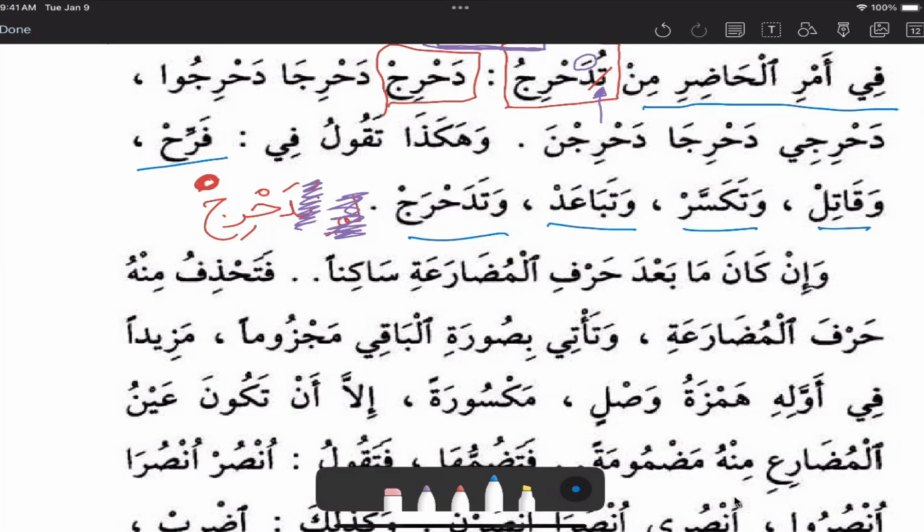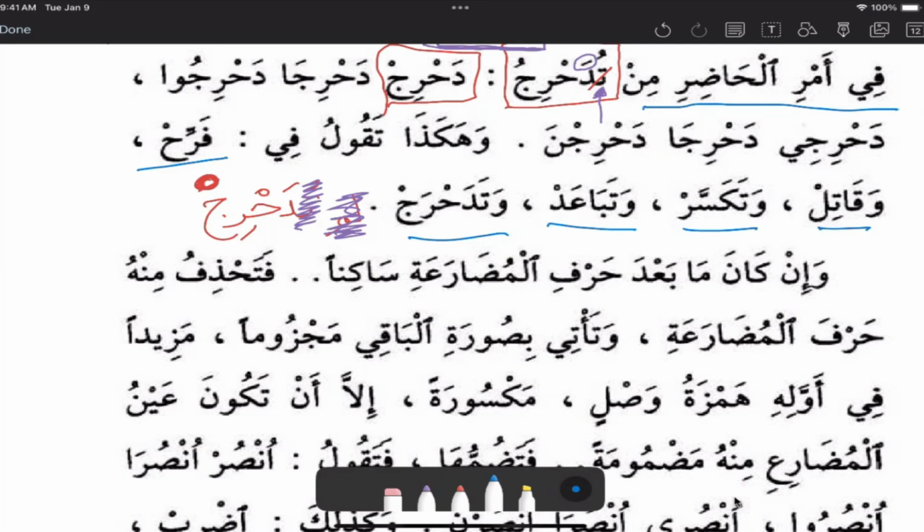وَفَتَحُوا هَمْزَةَ أَكْرِمٍ بناء على الأصل المرفوض فإن أصل تكرم. He says, when it comes to the command of أكرمت أنت تكرم أنت, you're going to say أكرم. أكرمت تكرم.